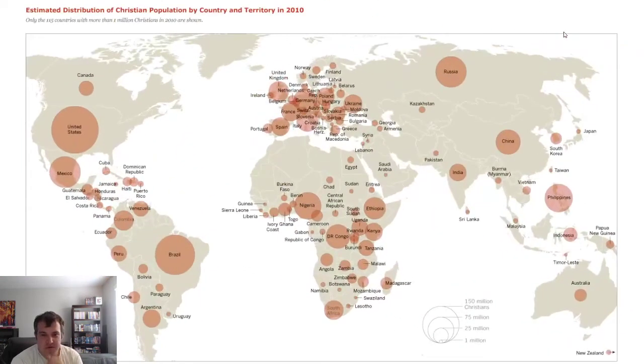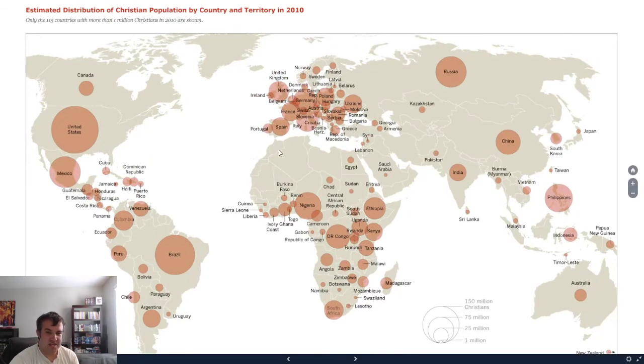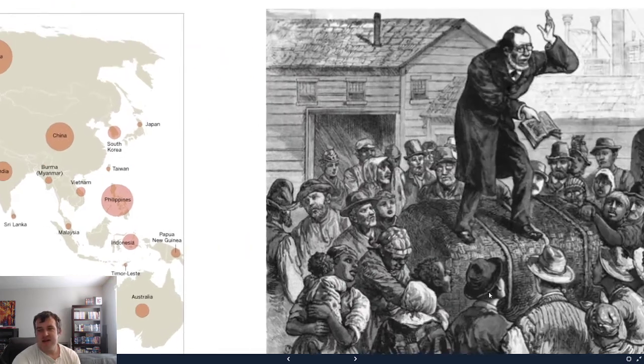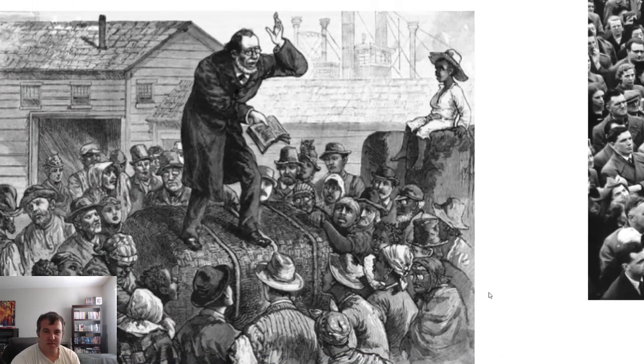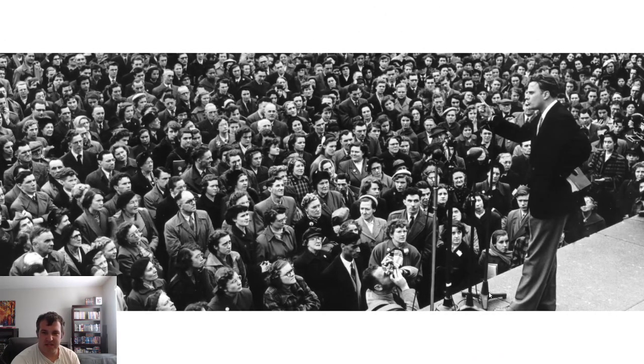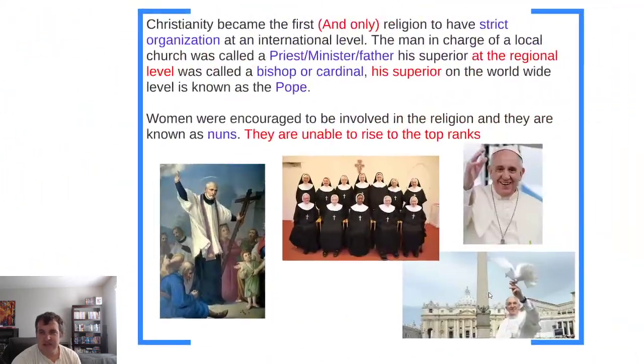Moving on. So Christians around the world, as you see, mostly Europe, this half of the world, Southern Africa. Not a whole lot of Christians in the Middle East. The Philippines there's a lot, but not really too many in Asia. And then there's a preacher reading the Word of God, and then here's, I think, Billy Graham talking about Jesus.